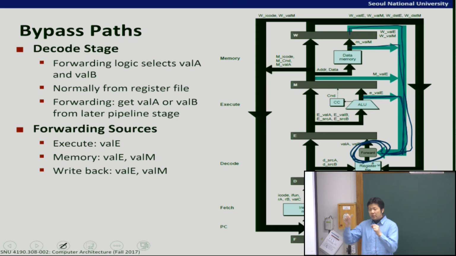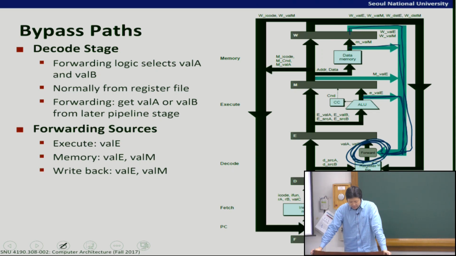But we create one more path from a later stage of the pipeline into val A and val B. This logic selects the correct value. Normally this value is taken from the register file, but if forwarding is activated, then we can get val A or val B from the later pipeline stage, directly from the pipeline register.